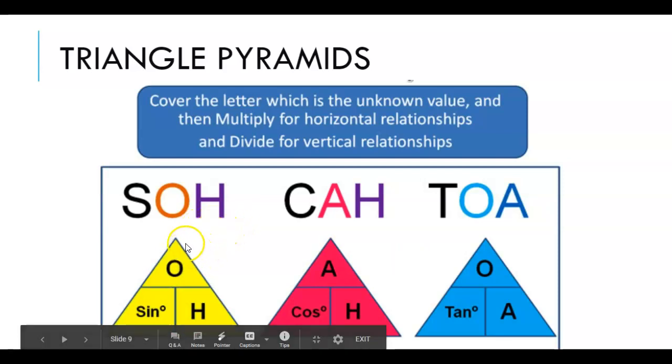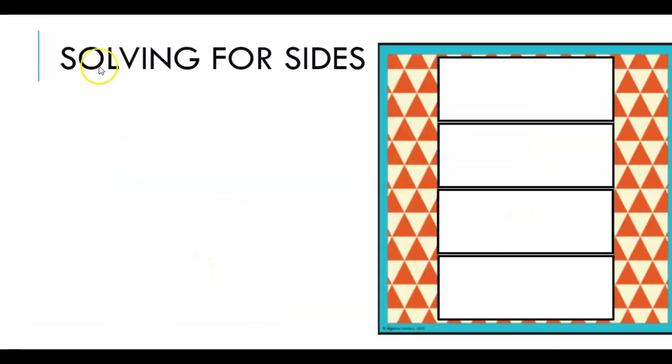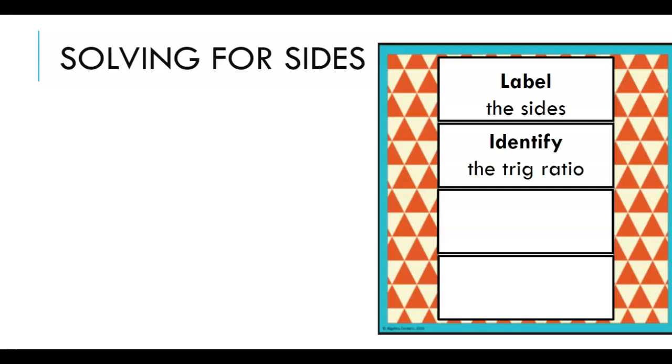In the examples that we're going to look at, we're either going to solve for the missing side or for the missing angle. And here are the steps that we're going to follow if we're solving for the missing side. The very first thing is properly labeling the triangle. After you've labeled the triangle, you have to identify which ratio you can use.